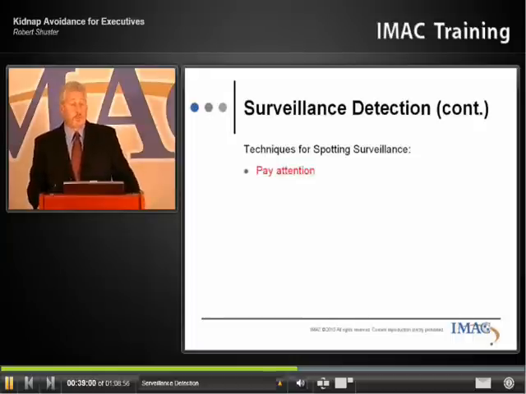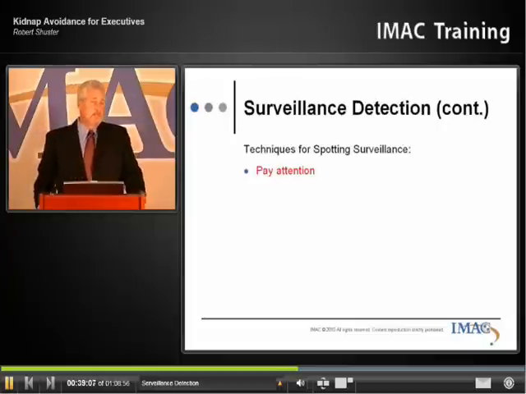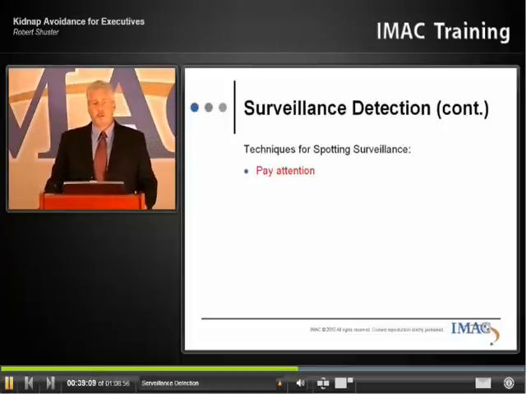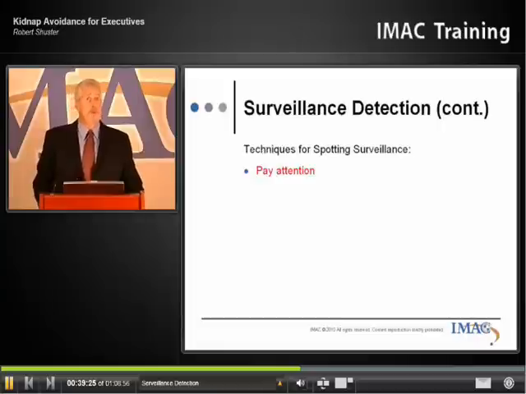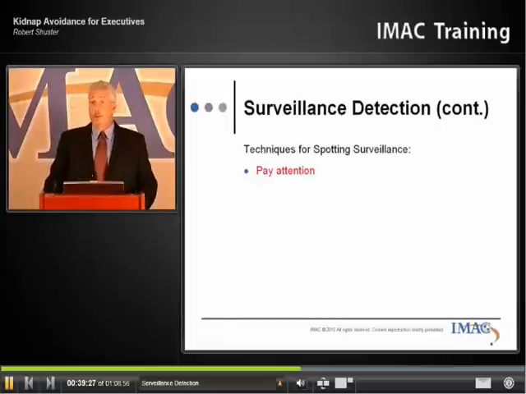And I've put the first one in red because it's so elementary, it's so important. Pay attention. And this is hard because it's a typical day, it's a routine thing, you're going to work, you're coming home from work. I find myself, I'll drive to work, and many of you have probably done it as well. You drive to work and you are at your desk, and all of a sudden you wonder who drove you to the office because you don't remember anything about the route.